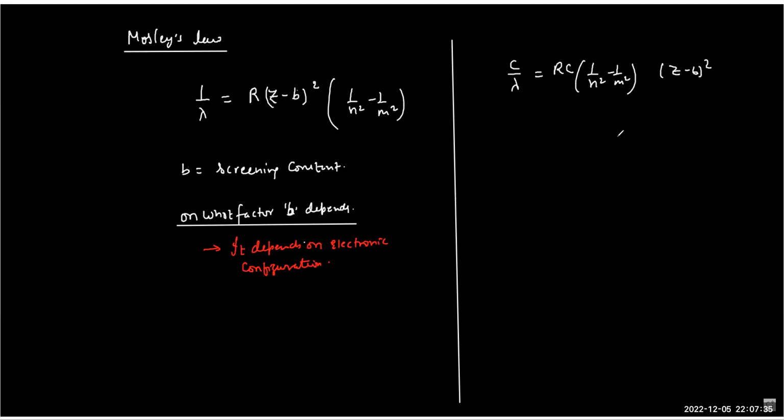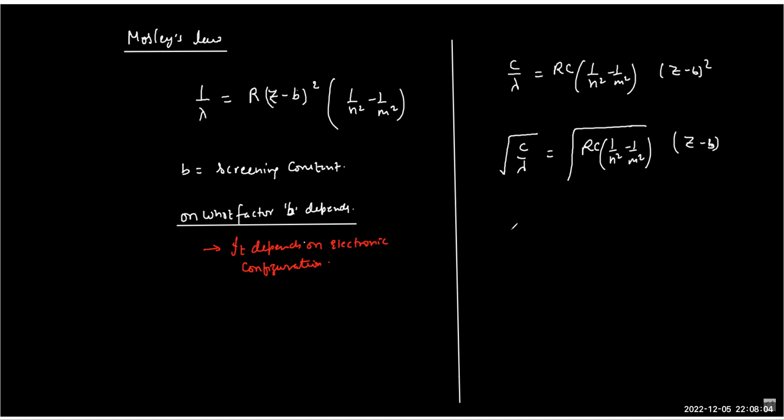So mathematically, which graph is the simplest graph to plot? The linear equation, right? Yes. So we can take the square root on both sides. The quadratic becomes non-linear, like this, isn't it?